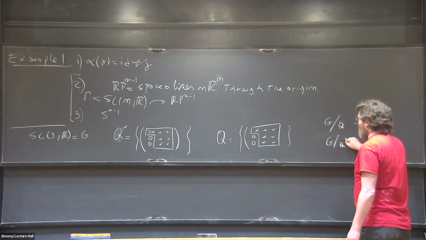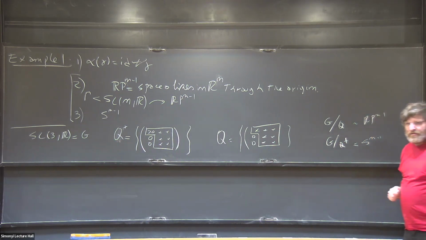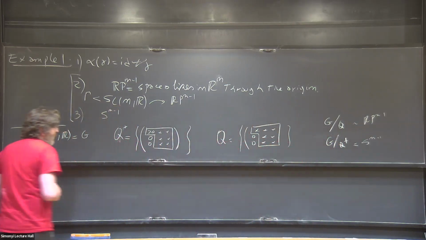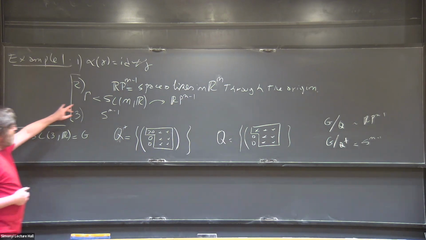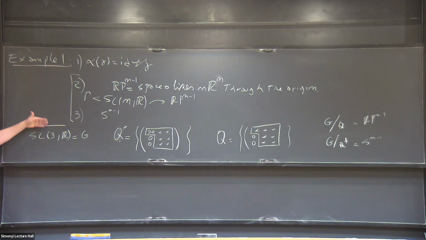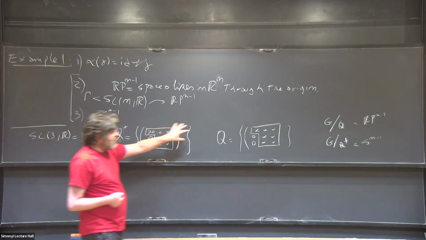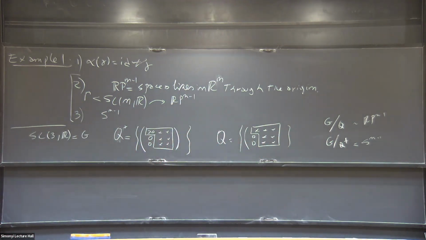When you do G mod Q plus, you get this figure S^(n-1). Okay, so that's the main difference between both. But what is important is that you get this as an example. It's not really that you restrict to gamma an action of G on these spaces. You have G acting on itself, and then it goes down. So you have gamma restricted to an action on itself, and then it goes down to this quotient action on G mod Q and G mod Q plus. And that's how you will uncover it somehow.